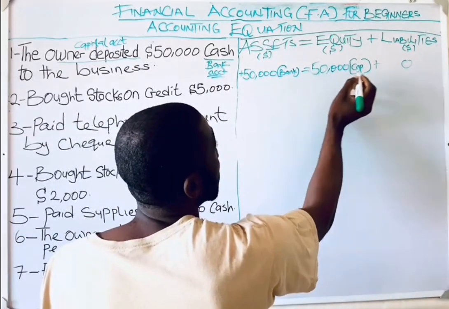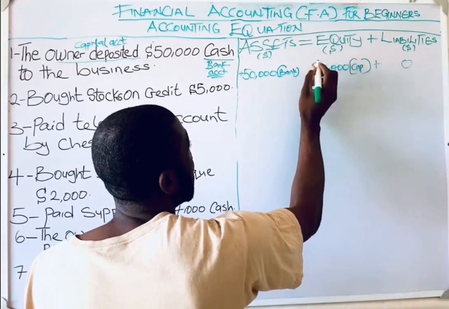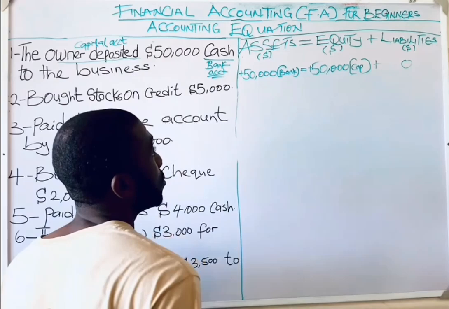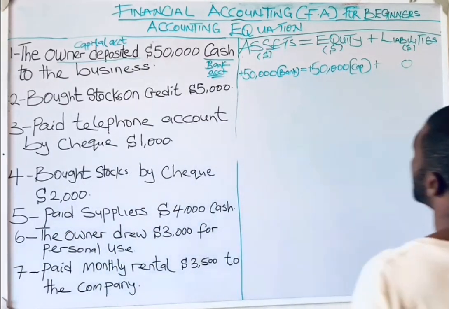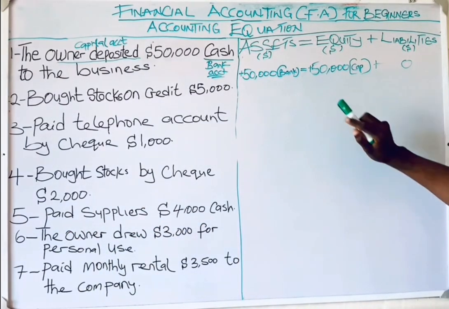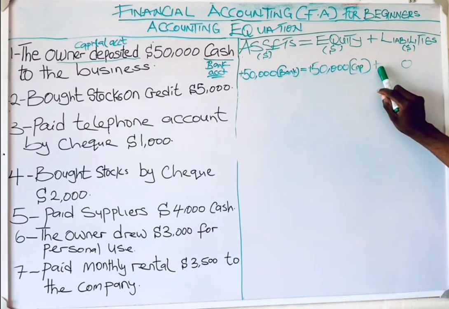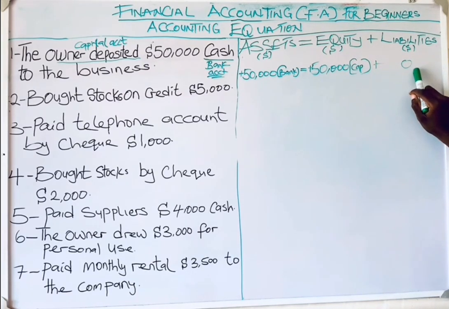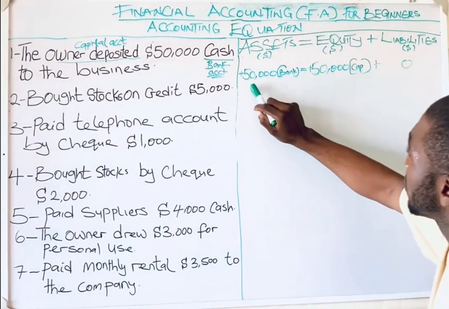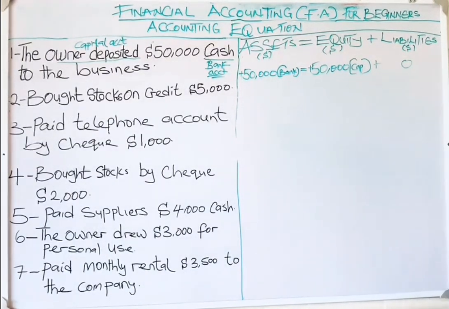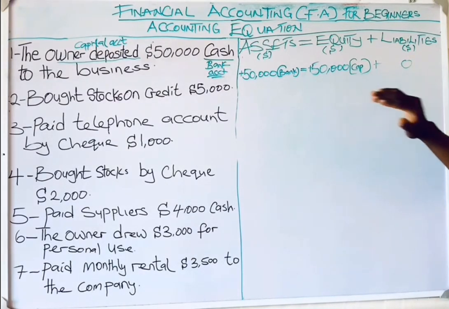And your capital now is positive. So now let's confirm the equation. $50,000 plus 0 liability will give you a positive $50,000. Simple. So from this transaction, the equation is confirmed.